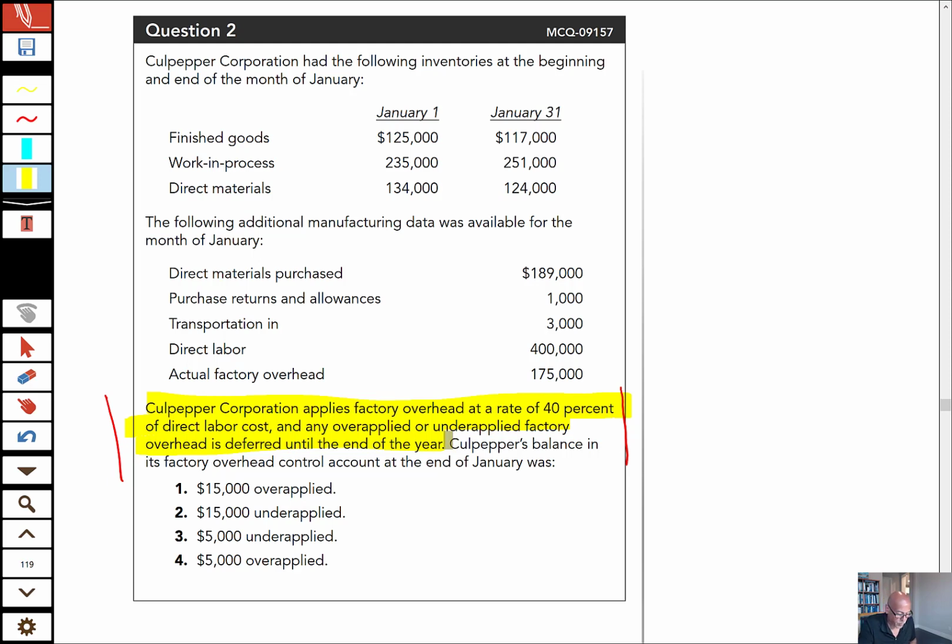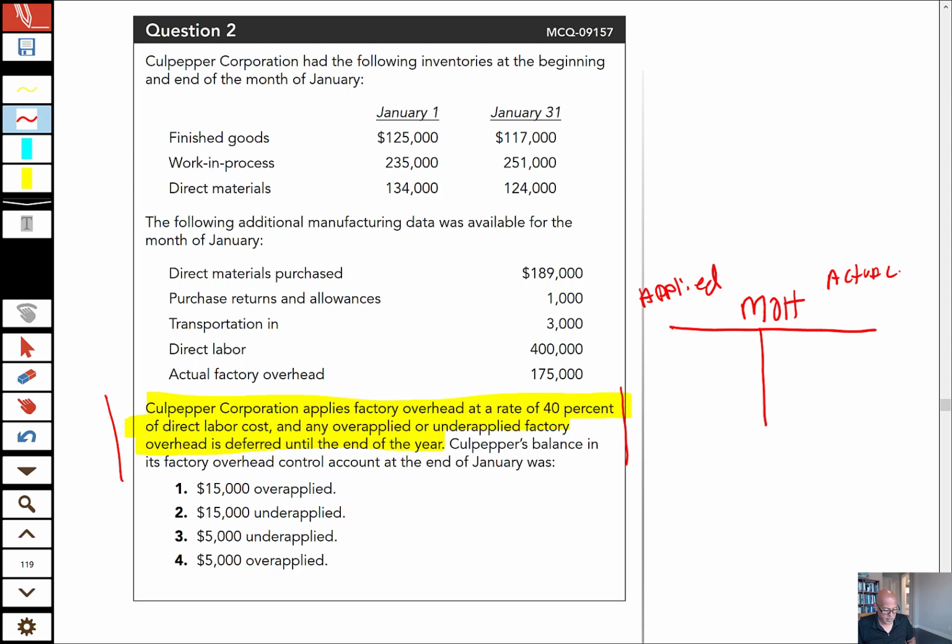So what happens? We're going to have our manufacturing overhead. To ask us this question of the amount that's been applied, they have to give us the actual, and it's our job to see if they're under or over applied.